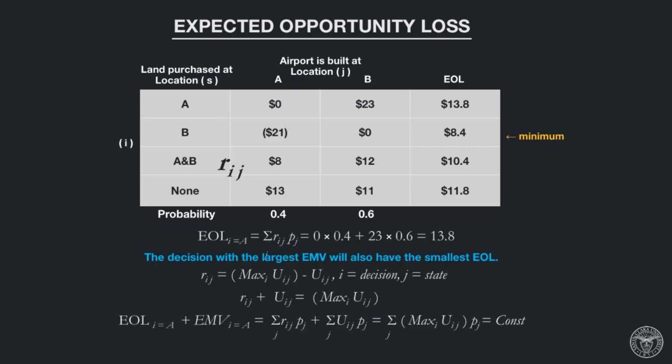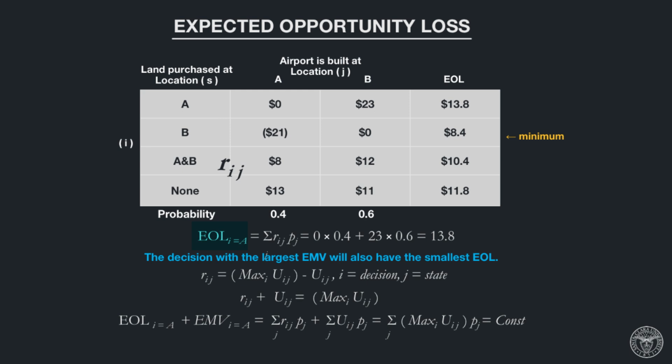Coming back to the regret table we have already done previously, we have 0 for decision A in state of nature A and $23 million for decision A in location B.